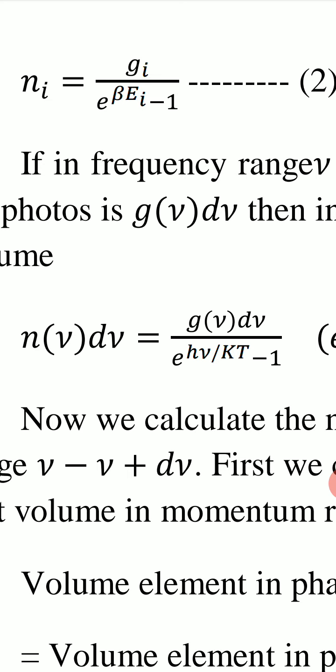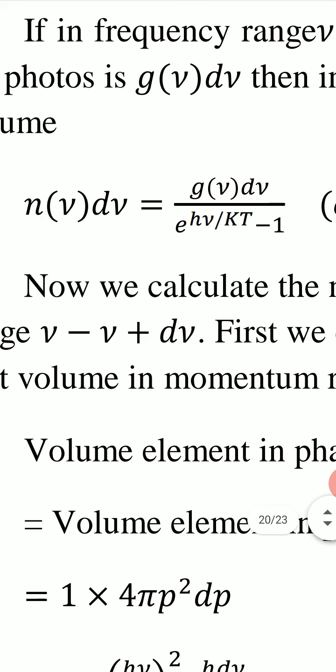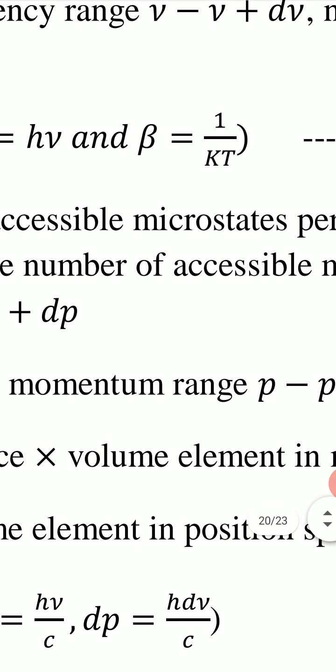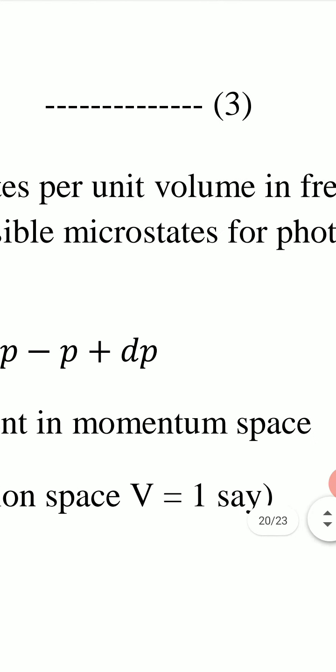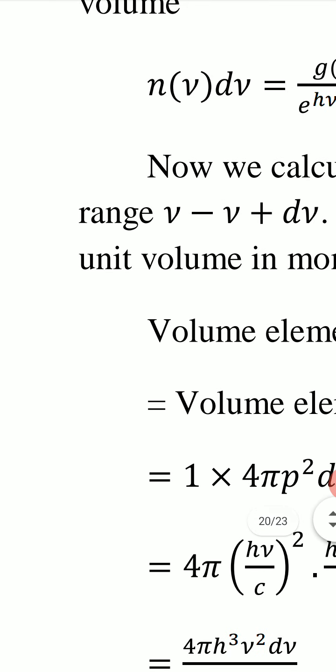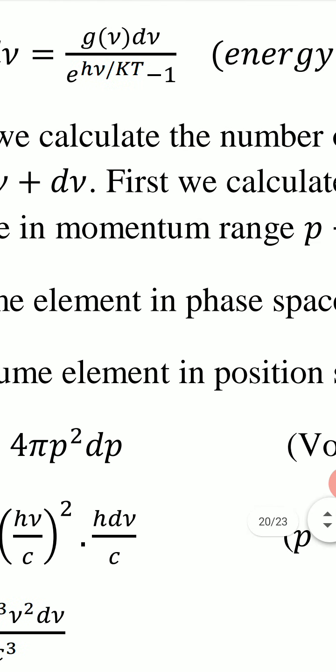So to find this number of photons per unit volume in the frequency range nu to nu plus d nu, we have to find G nu d nu, which is the number of microstates per unit volume in the frequency range nu to nu plus d nu. Now we calculate the number of accessible microstates per unit volume in frequency range nu to nu plus d nu.